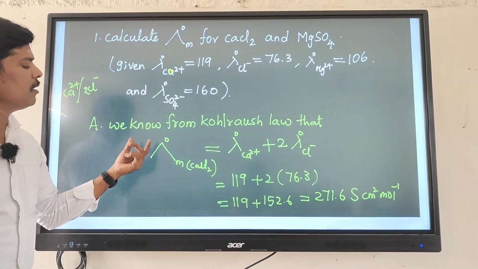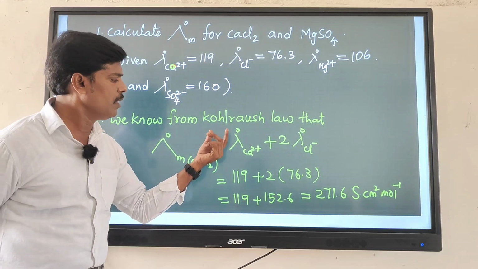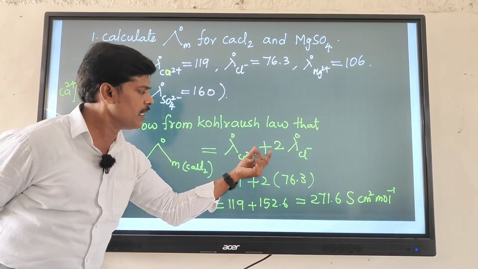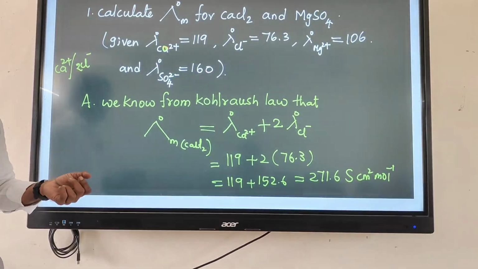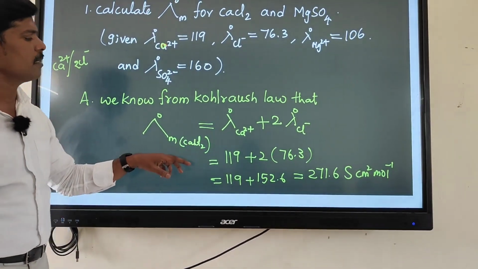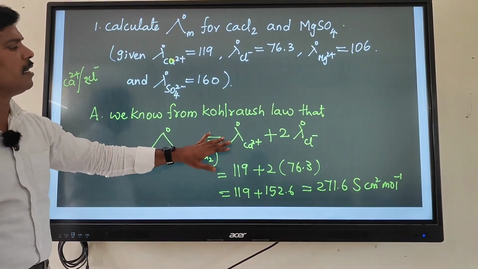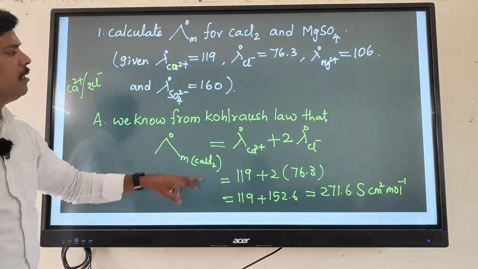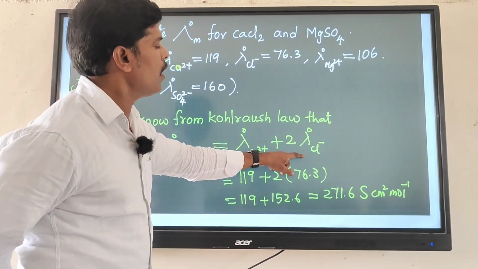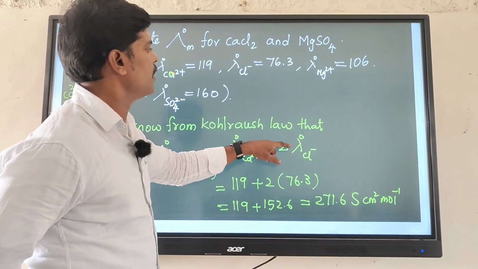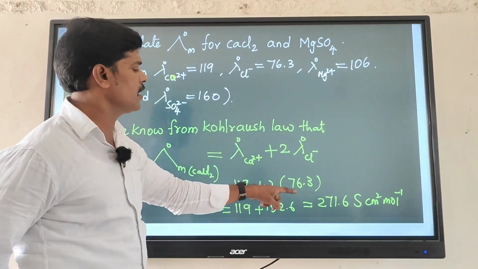Lambda m naught CaCl2 is equal to lambda naught Ca2+ plus 2 into lambda naught Cl minus. The cation equivalent conductance at infinite dilution is given, that is 119, plus 2 into the chloride ion infinite dilution conductivity, that is 76.3.